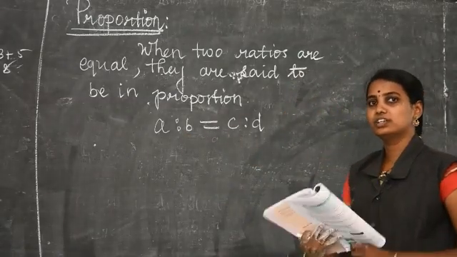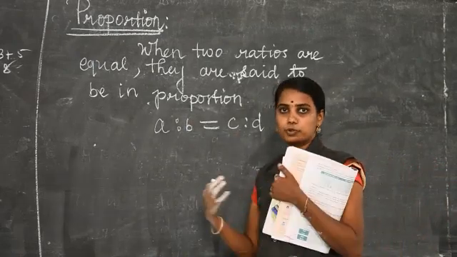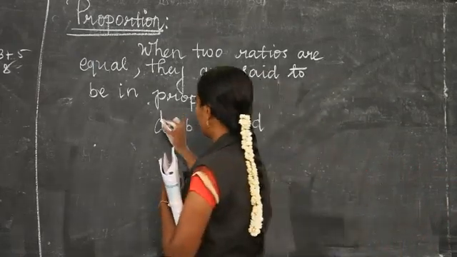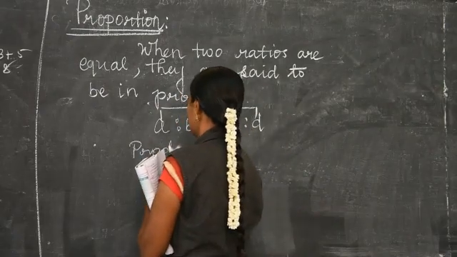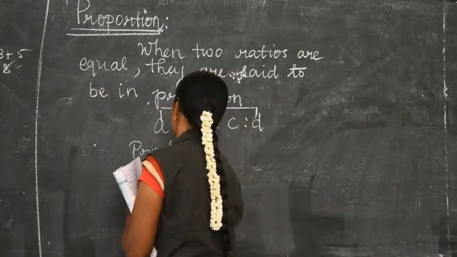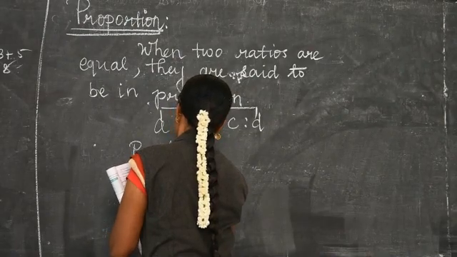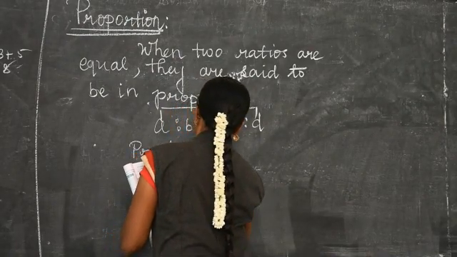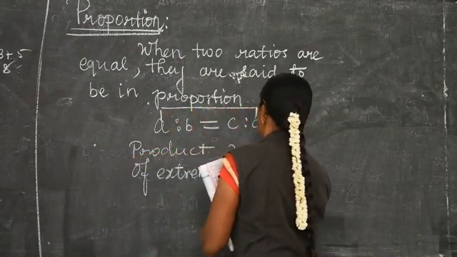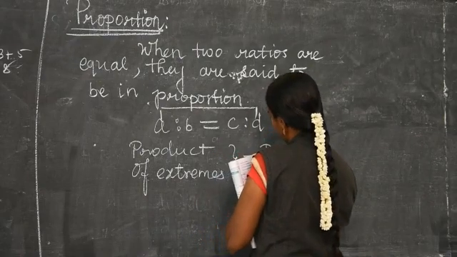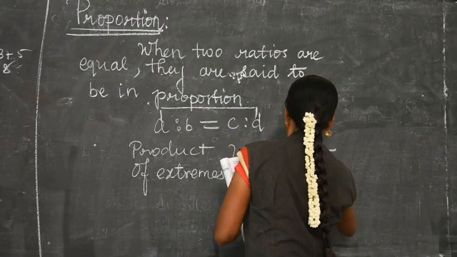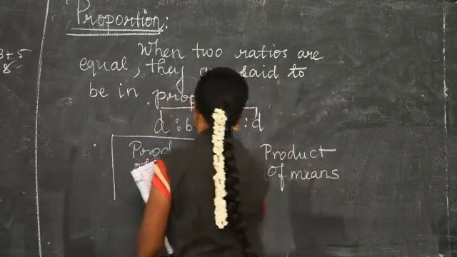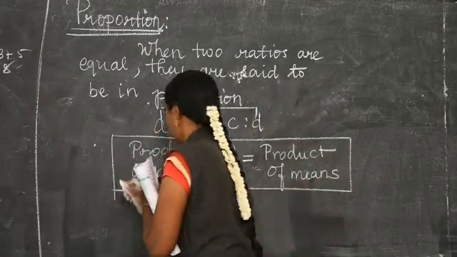How do we find out whether the given ratios are proportional or not? Using the formula, listen: product of extremes equal to product of means. Very important formula.